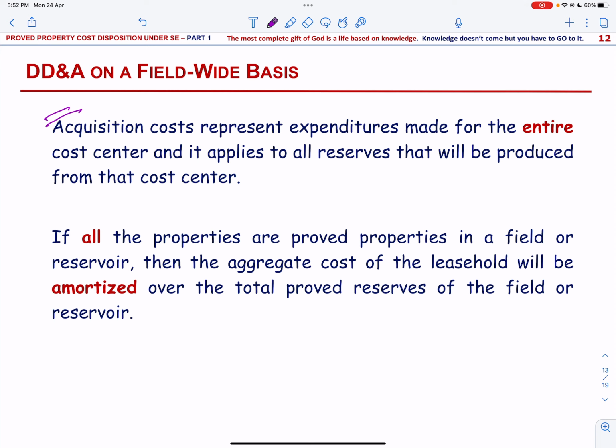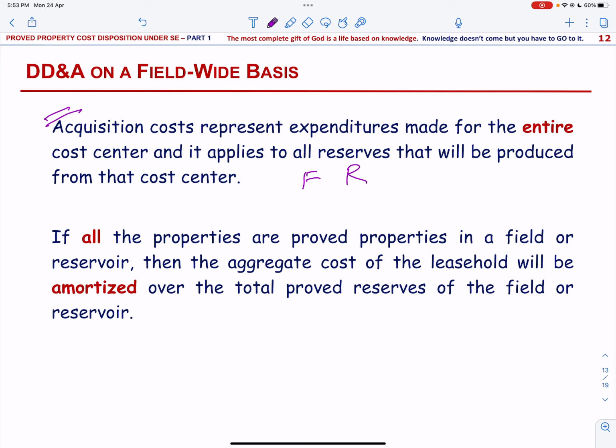Such properties have a common geological feature such as a field or a reservoir. It is important that all the properties that are geologically related will be combined for amortization purposes in cases where properties cover a single reservoir or a single field.